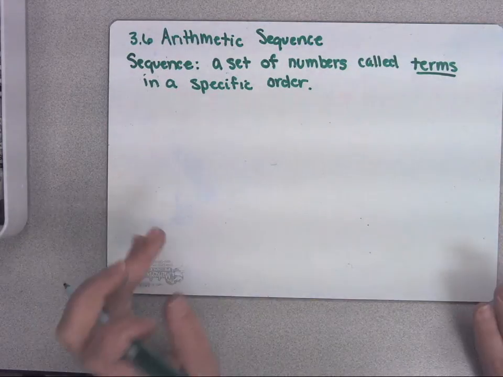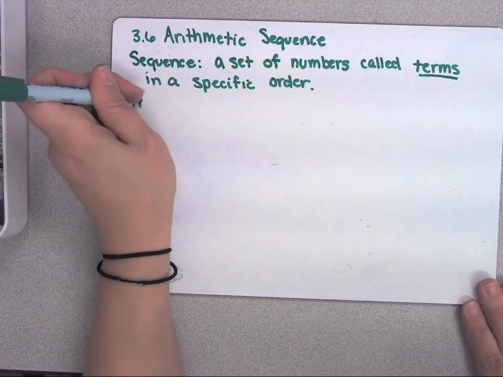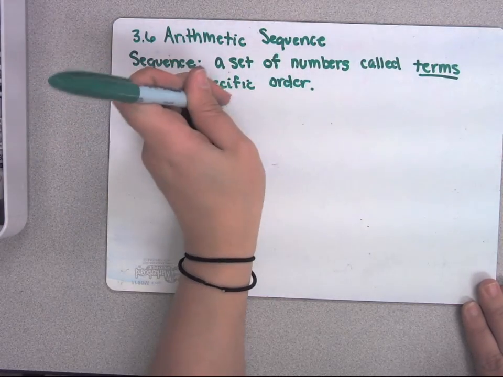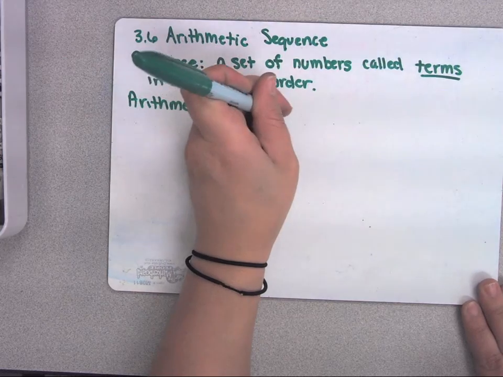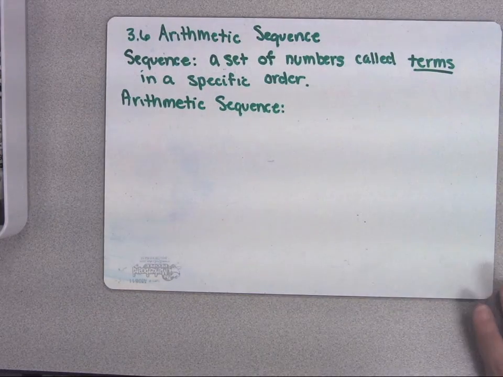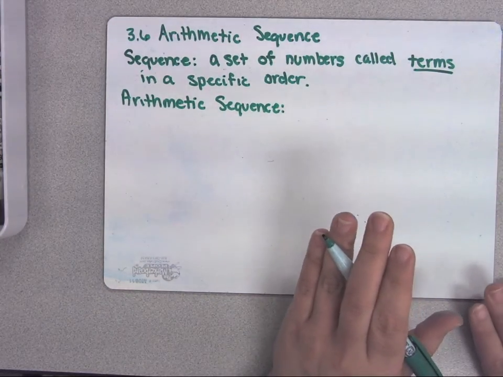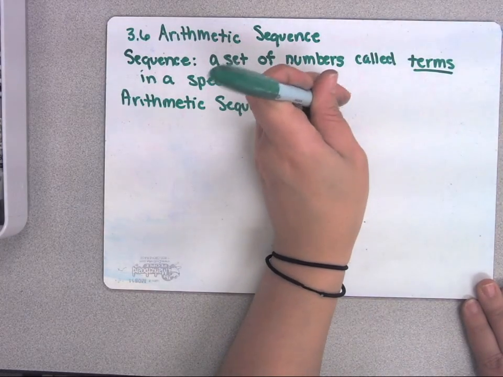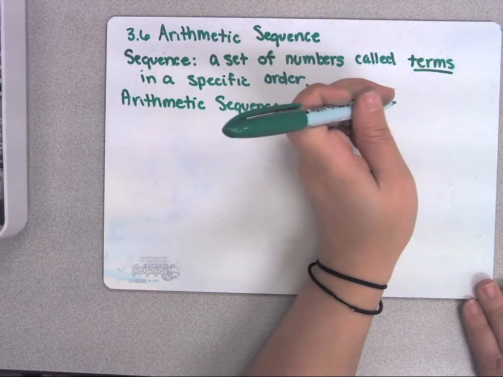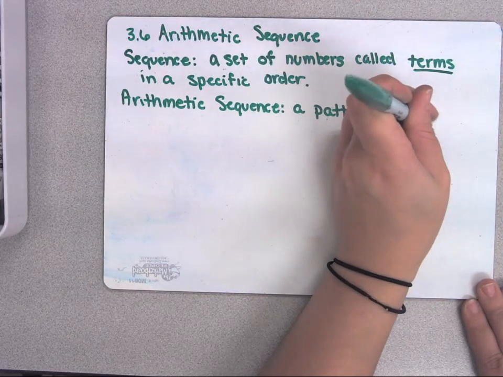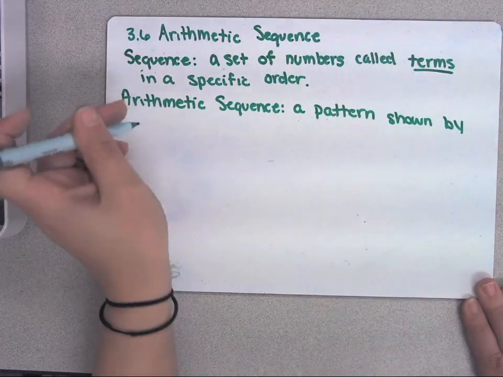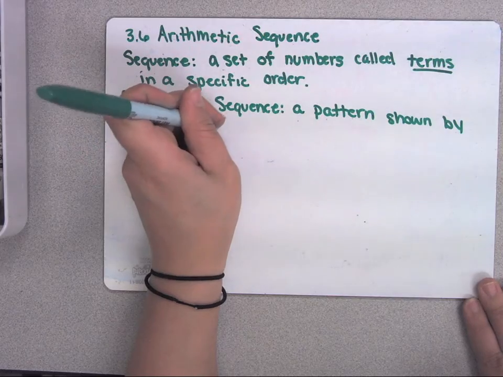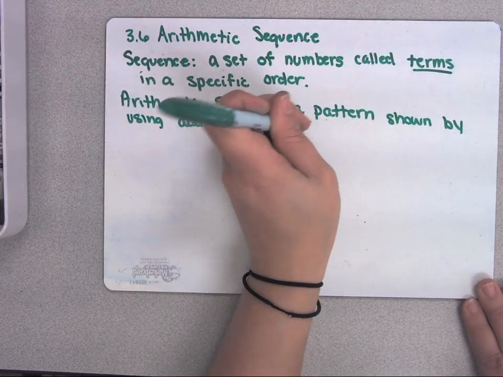That's just any sequence. Now, an arithmetic sequence obviously has the word sequence in it, so all that part applies. An arithmetic sequence is a pattern shown by using addition or subtraction.